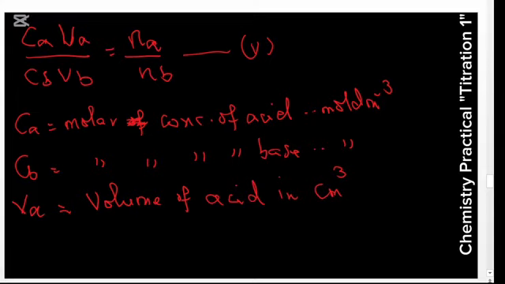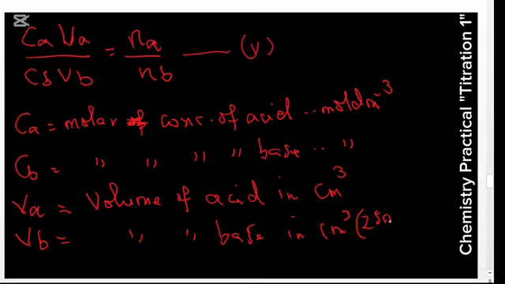So this is often the average volume from the titration. So you have VB, so the volume of base, also in cm cube. So this one is often the capacity of your pipette. It is mostly 25 cm cube or 20 cm cube. This one is average, the titre value.